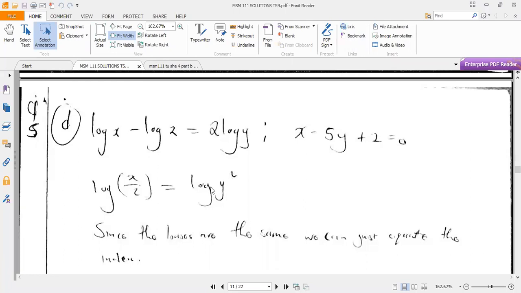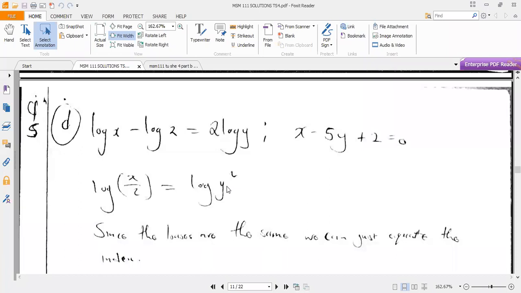So now when you have these two sides, it simply tells you that this one is equal to that one. Using those log principles of equality, since the base on your left-hand side is 10, and the base on your right-hand side is 10, if the bases are the same, we can simply say that the arguments, x over 2 and y squared, are the same.